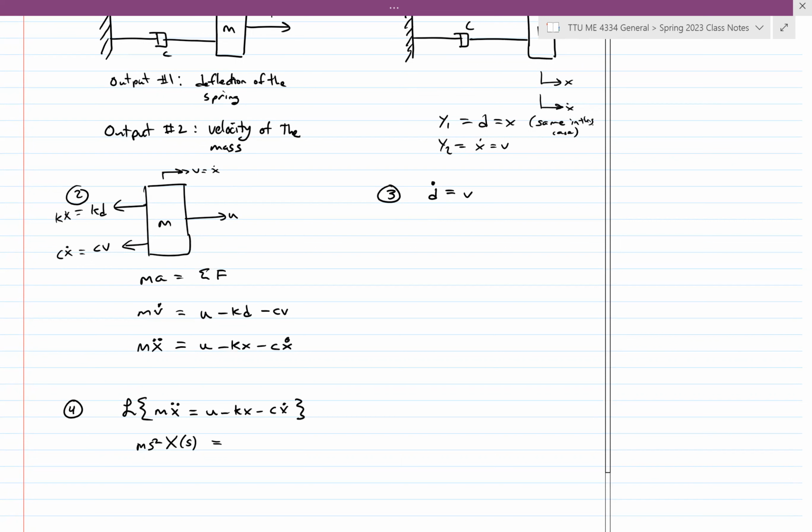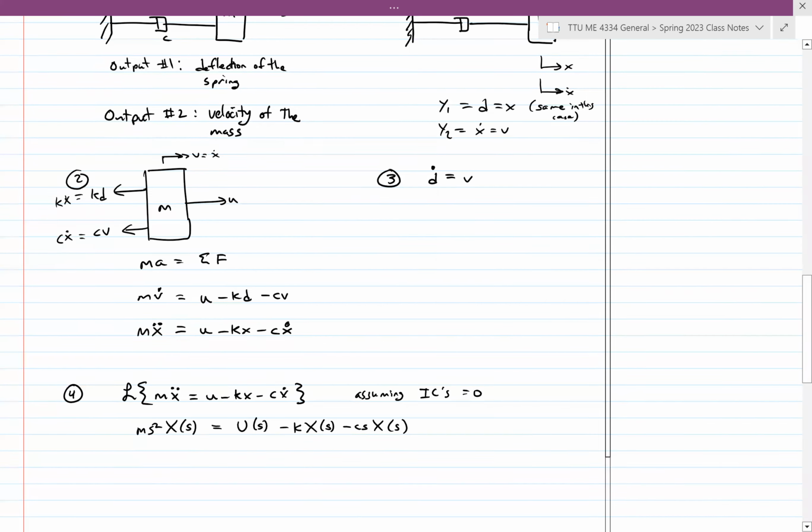All right, so what do we have on the right side here? U of S, minus KX. Laplace transform of these, assuming ICs equal to 0, which I'll usually say at the beginning of the problem, at least for the first few lectures in this class.